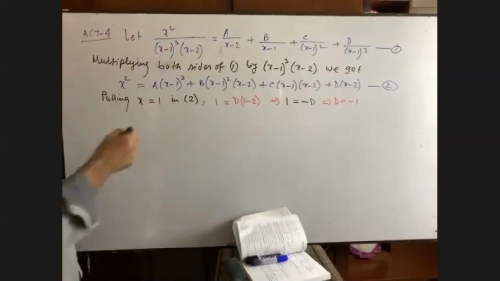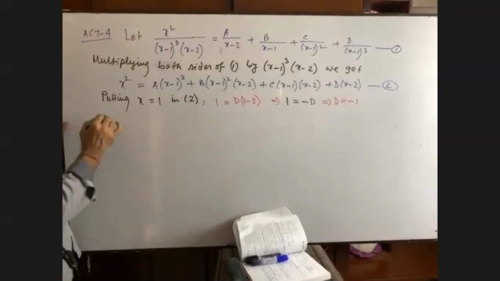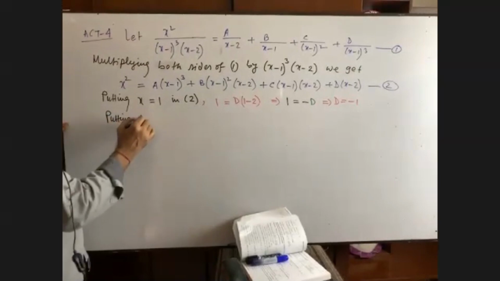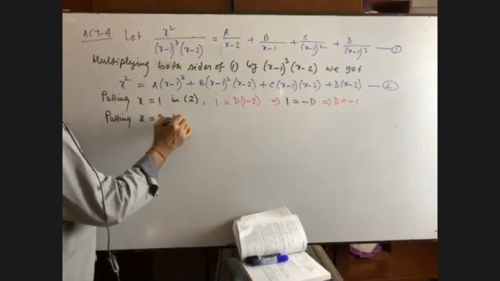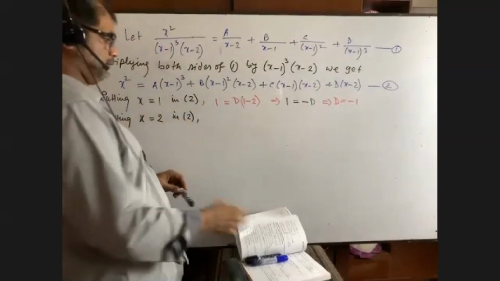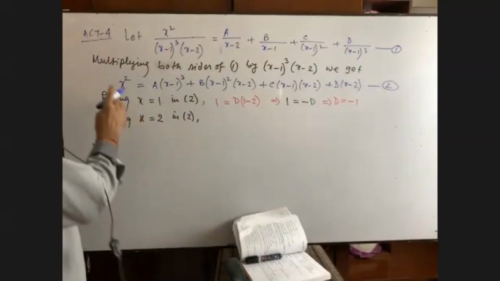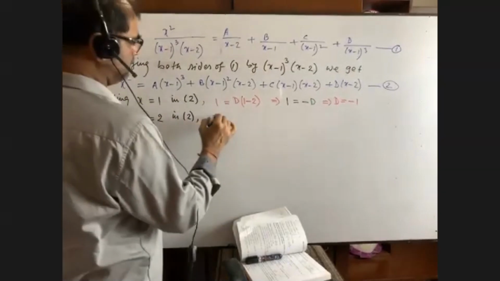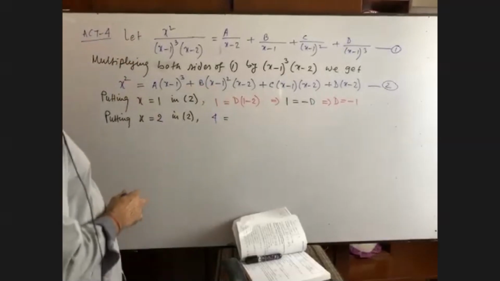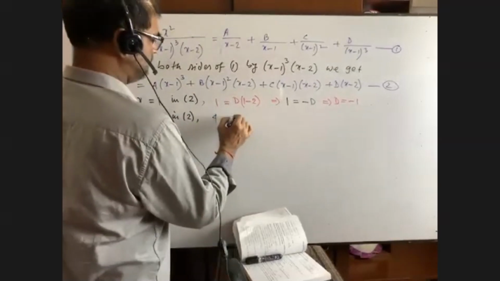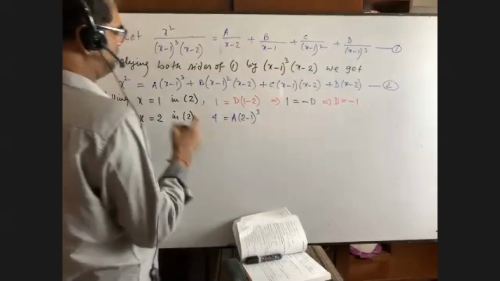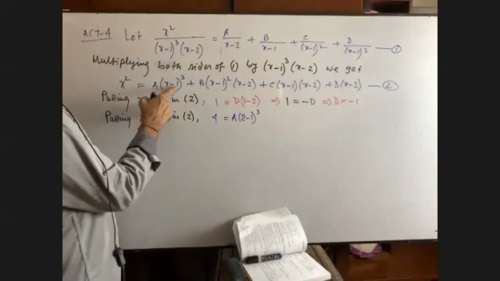Yes, sir. Now we can write down putting, can you tell me what value is to be taken here? x equals 2. Now put x equals 2 into 2. Then we get 2 square, which is 4, equal to A into 2 minus 1 whole cube.